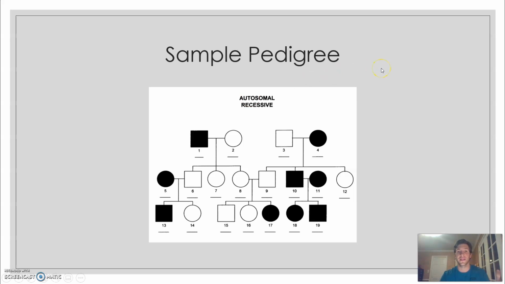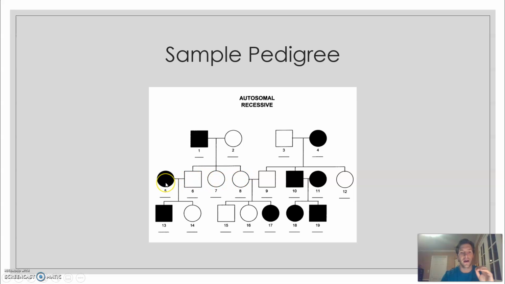Another example is a simple pedigree. This is autosomal recessive. This is general, but applies to our disorder. We see individual 1, Mary, who is affected with the disorder, marries individual 2. We do not readily know what individual 2 has. In the next generation, none of the offspring have it.